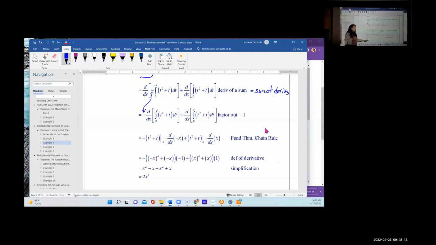If I then told you x is 2, then you would substitute 2, square it to get 4, multiply by 2 to get 8, and you would say the area integrating from -2 to 2 under that curve, of t squared plus t rather, is 8, right? So it is an expression that gives area under the curve.